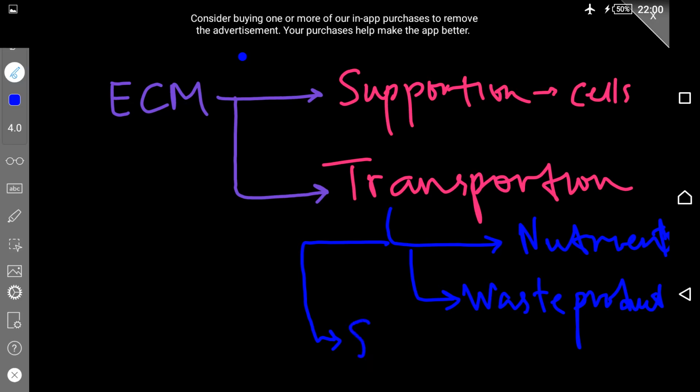in some parts of the body, there are some cells or some specific tissues that the cells of those tissues secrete certain products.